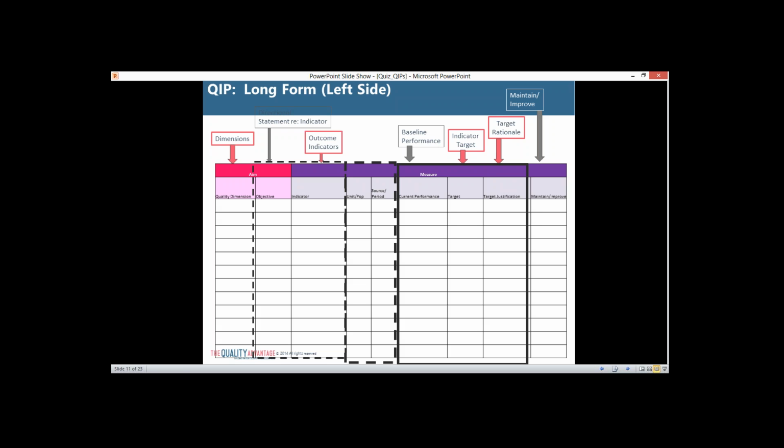And so if you actually put maintain there, you would expect that your target and your current performance would actually be the same between this year and the coming year.